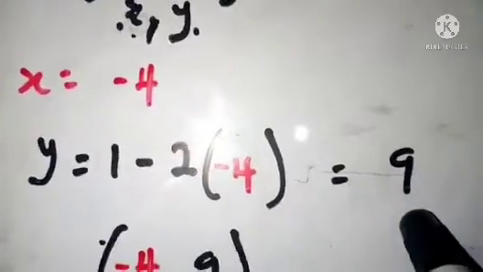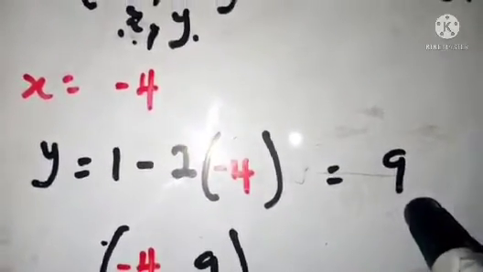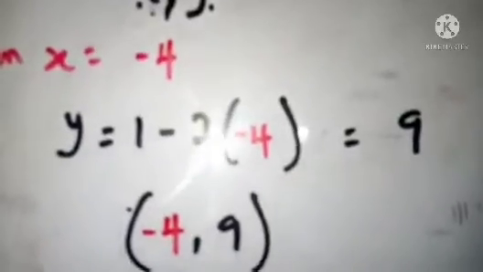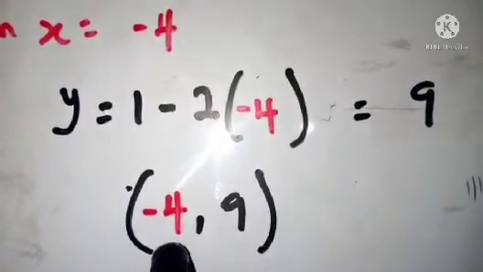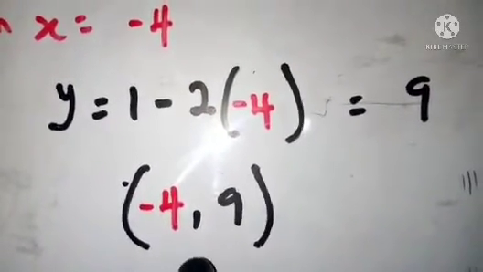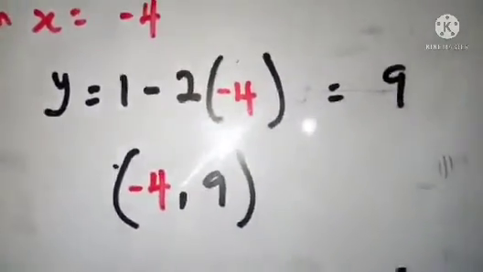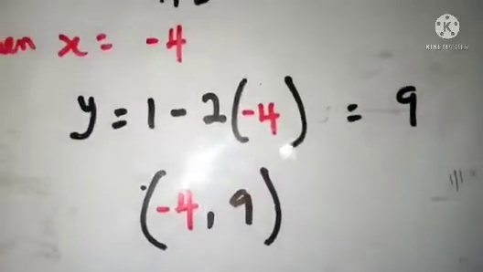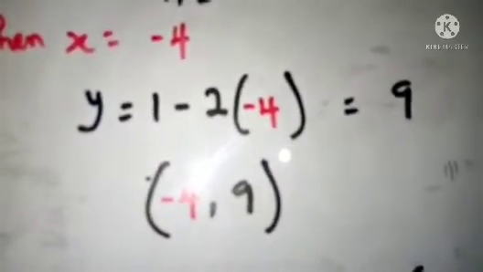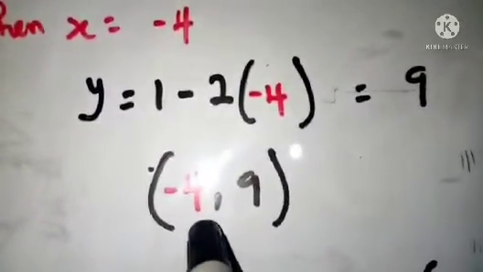So this will give you 9, right? So you and your partner will be minus 4 comma 9. Is that okay? So in graphing, you work in pairs. You can never work as a single person. You can never work alone if you're a Liverpool fan.